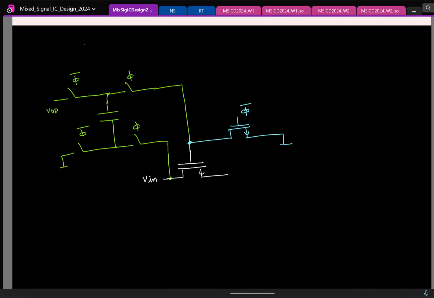Similarly, let me label these S1, S2, S3, S4. Look at S3, that is also trying to pull this node to ground. What will I use? Clock that phi bar. Okay. So let me label these things V1, V2, and V3.